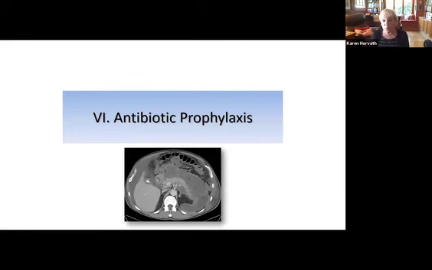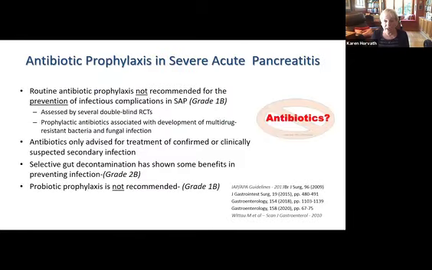Okay, so what about antibiotic prophylaxis? Well, it is not recommended for the prevention of infectious complications. There's really pretty strong evidence that's been assessed by several double-blind randomized controlled trials. Prophylactic antibiotics are basically associated with the development of multi-drug resistant bacteria and fungal infection.